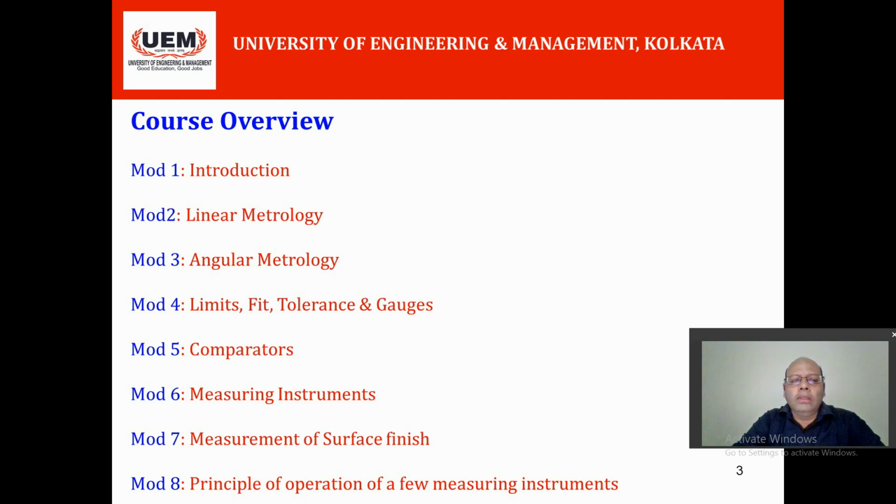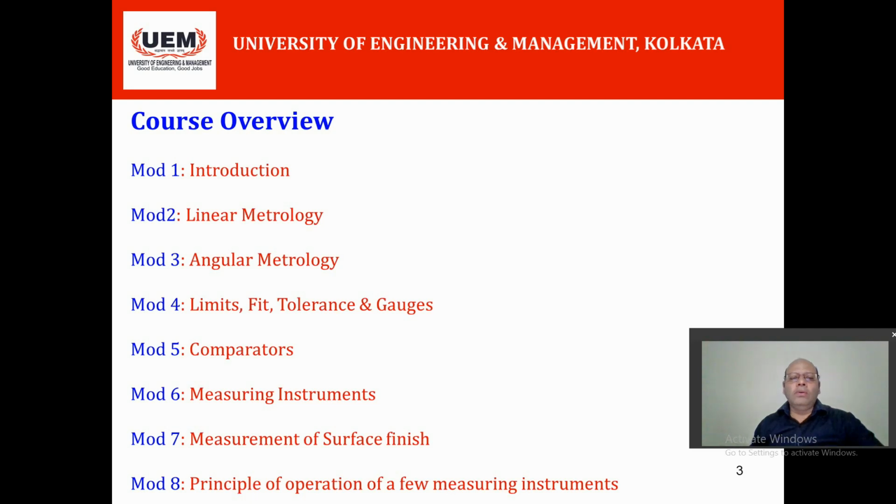Next module, that is module 3, will include angular metrology, where we know that in engineering drawing, angle is one of the main criteria to be measured. This angle plays an important role in the engineering drawing.